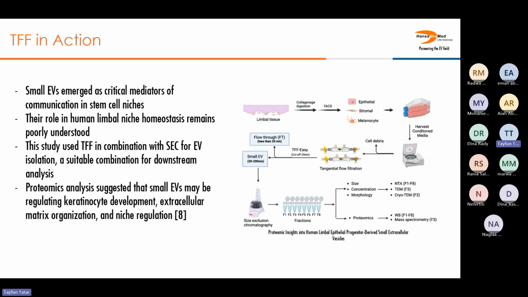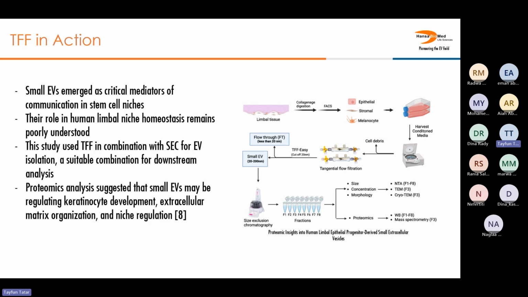In another example, now the starting material is limbal tissue, in which the role of EVs in human limbal niche homeostasis is not very well understood. And in this study, we can even see the combination of tangential flow filtration with size exclusion chromatography, which was one of the combination alternatives that I mentioned earlier in my presentation for further purification of EV isolates.